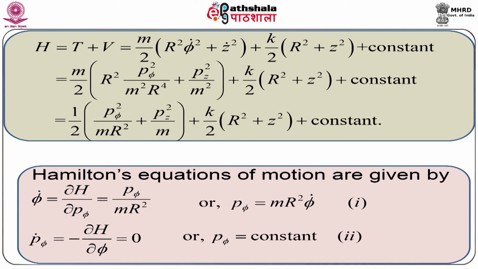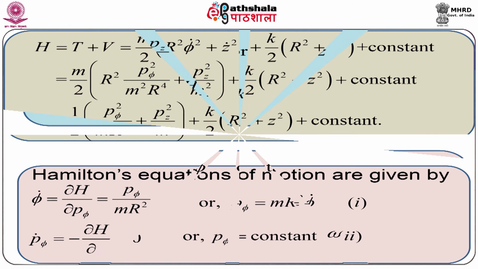Now, Hamilton's equations of motion are given by phi dot equal to del capital H del p phi equal to p phi divided by m into capital R square. This gives p phi equal to m capital R square into phi dot. p phi dot equal to minus del capital H del phi equal to 0, or p phi equal to constant.